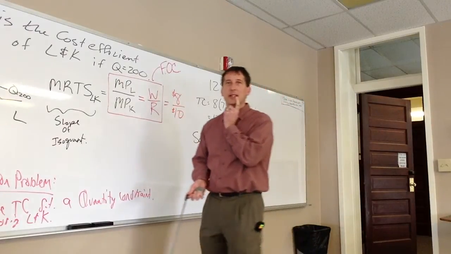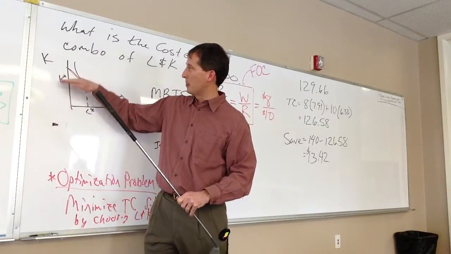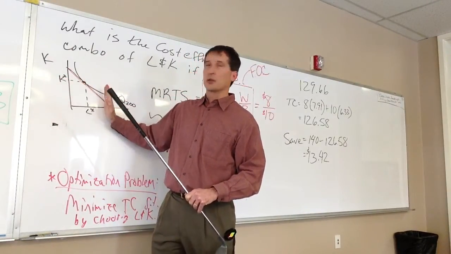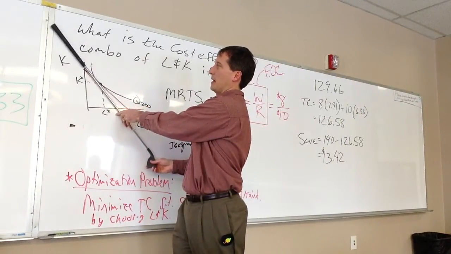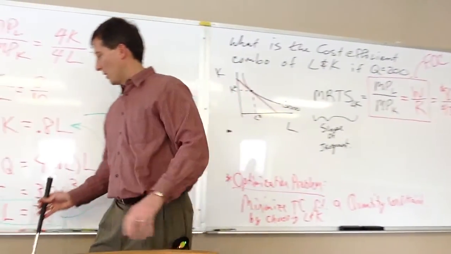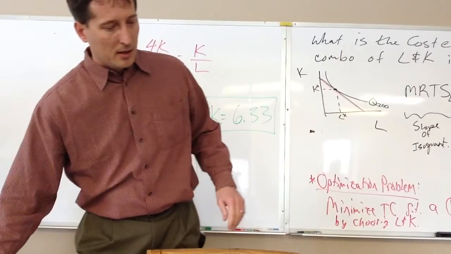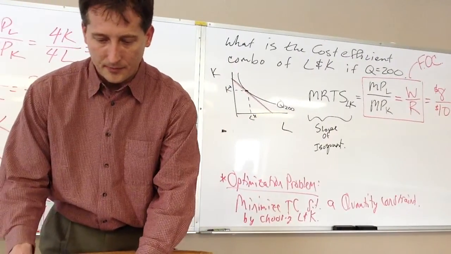Decrease capital and increase labor would be one way to kind of at least eyeball what's going on. Because optimally we want to drop capital and increase labor. So we must have been at a point over here somewhere. And we could lower cost by making adjustments. Okay. Questions on that one?